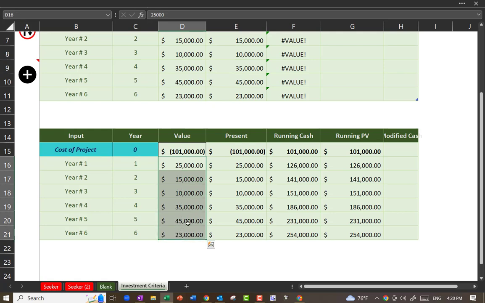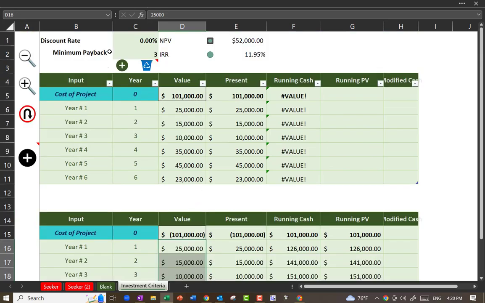Actually, that shouldn't change. Let me see what mistake I'm making. Oh, I'm doing E, that's why. Oh, that's why the other formula didn't work. Let me see. I was using different columns.